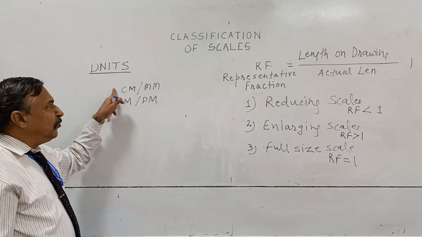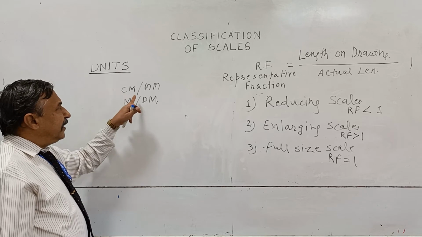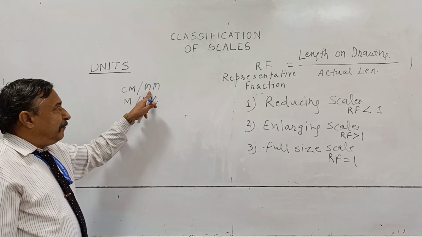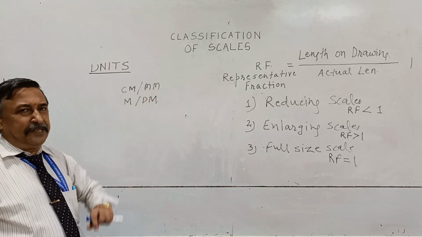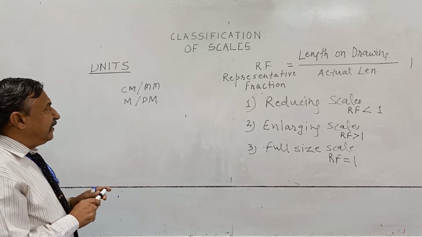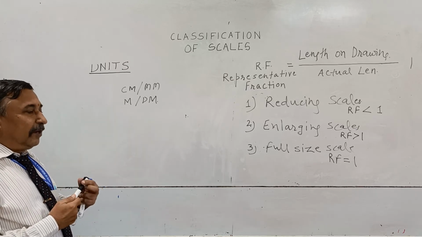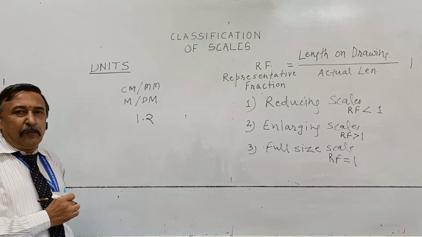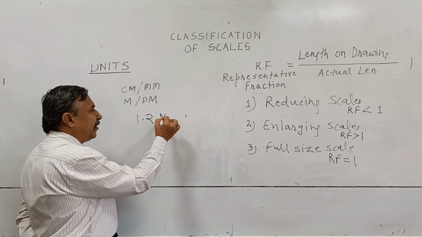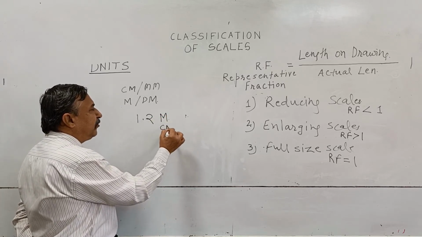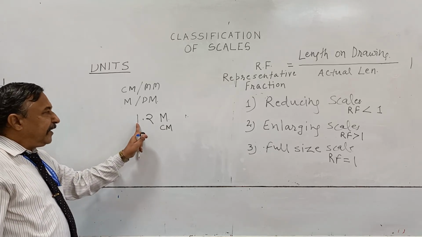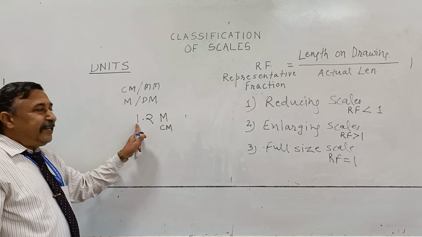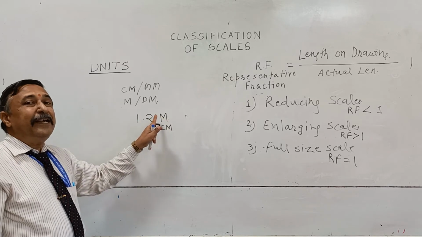Now what is the use of different units? For example, if I say we require 3 units, what is the use of 3 units? See, if you want to measure 1.2 of anything, either 1.2 meter or 1.2 centimeter, 1 is centimeter and 2 is millimeter. If meter, 1 is meter and 2 is decimeter.